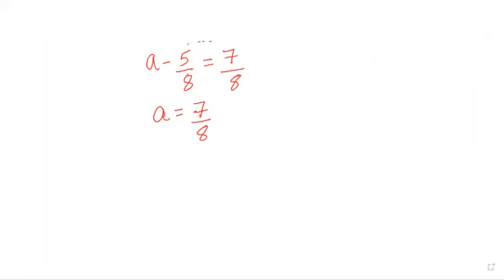It is walking. It will become 7, and minus will become plus, my dear. This I wrote equals 7/8. What will I do to this? This will walk to another side and will become plus. Minus will become plus 5/8.